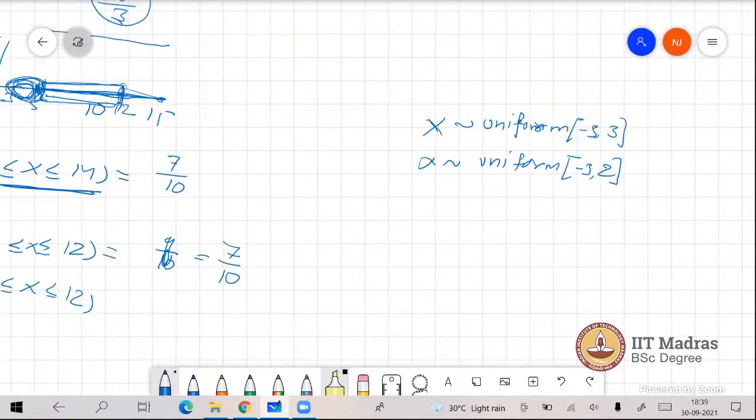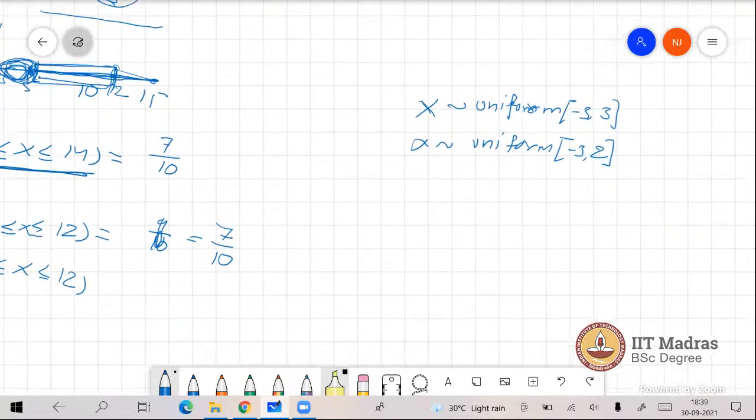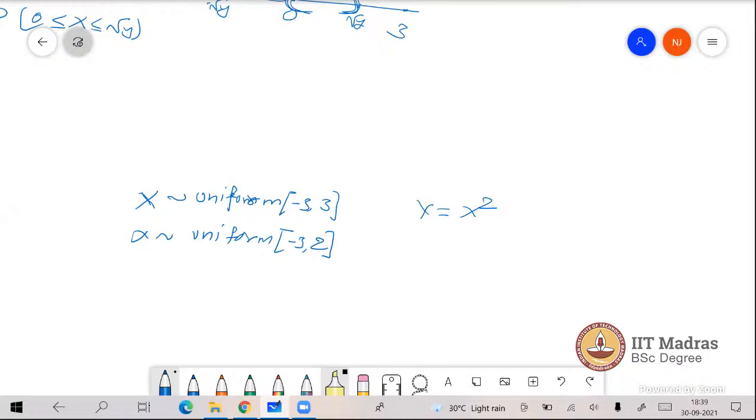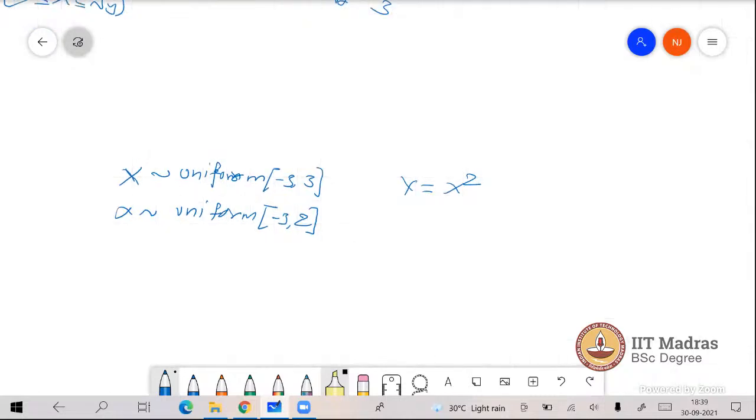In this, y is x square, so 0 to 9. What is your support of y? 0 to 9. Let's say the first example. In this example, it is 0 to 9, right? And in the second case, what is the support of y? 0 to 9 again, right?